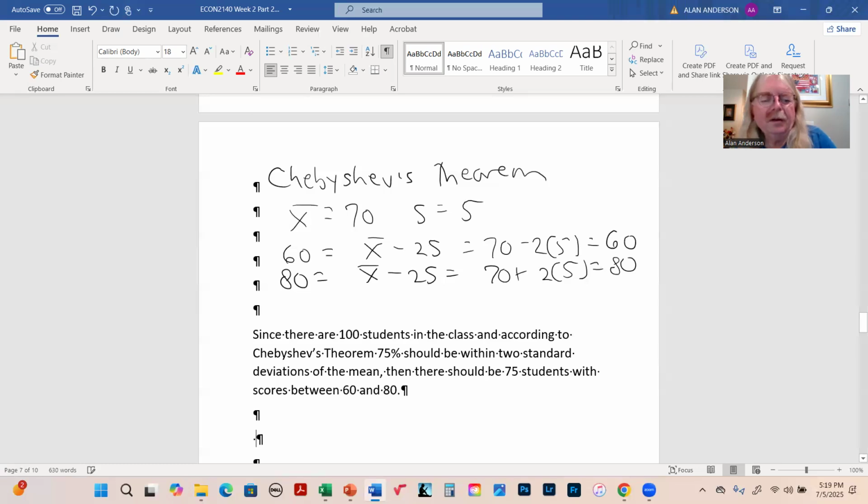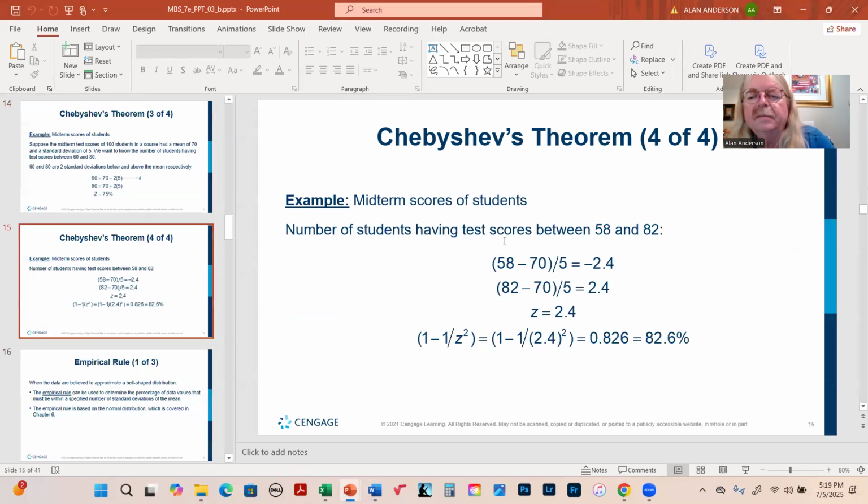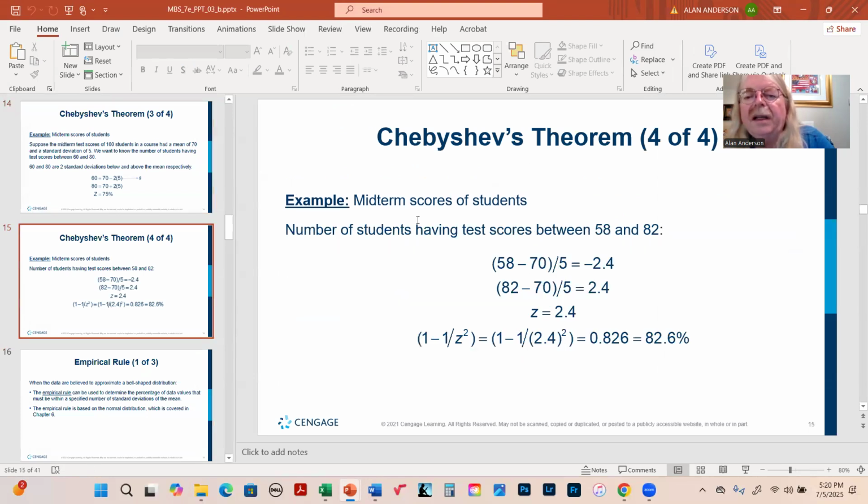Now, we don't know if that's actually happening, but theoretically, that's how they should be. 75% or 75.